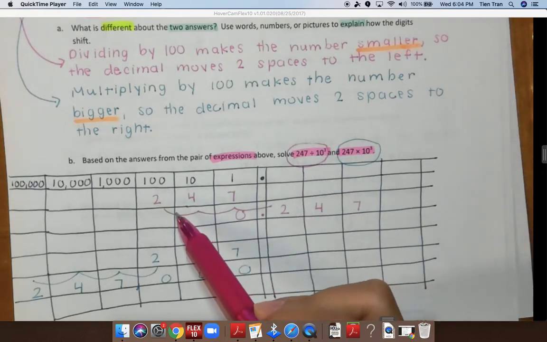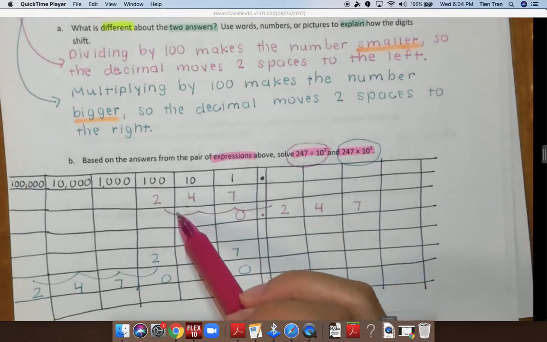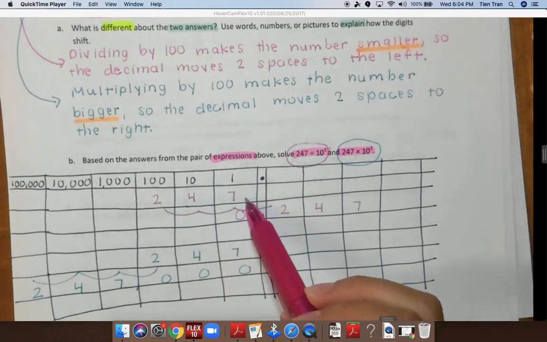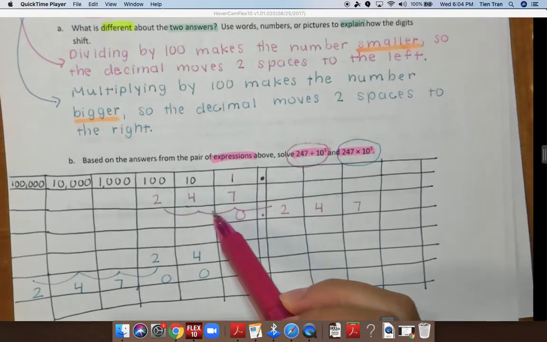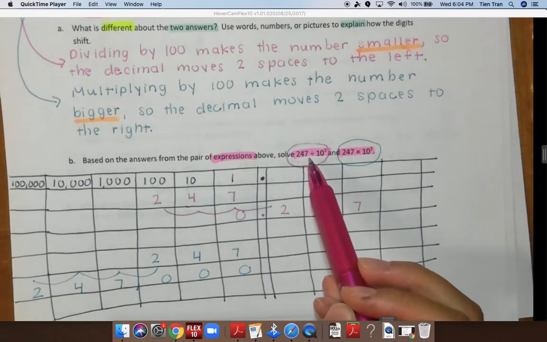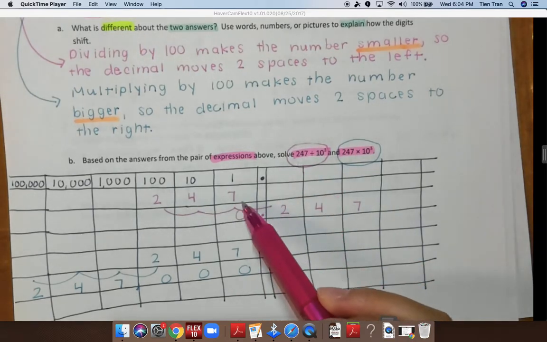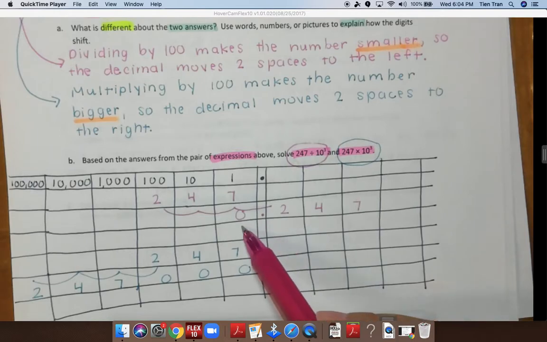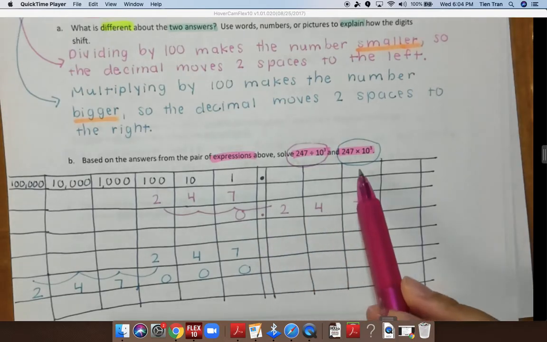That means that I need to move my numbers over 3 times. So I move my 2 over 3 times. 1, 2, 3. Same thing with my 4. 1, 2, 3. Same thing with my 7. 1, 2, 3. Okay? So my new number is 0, or you can say 0 and 247.